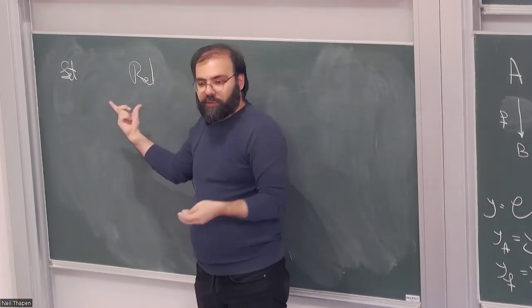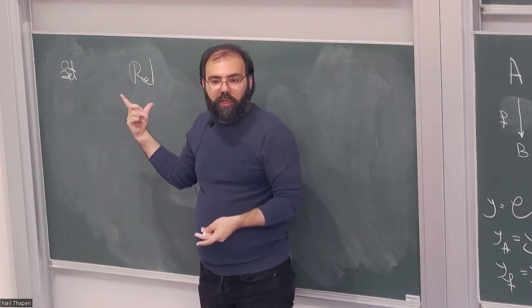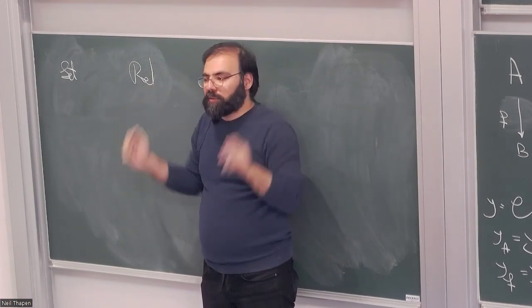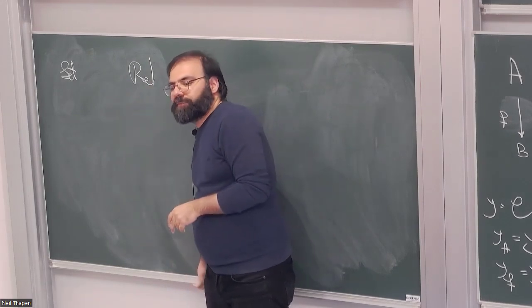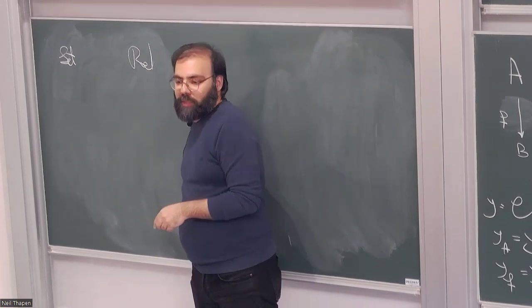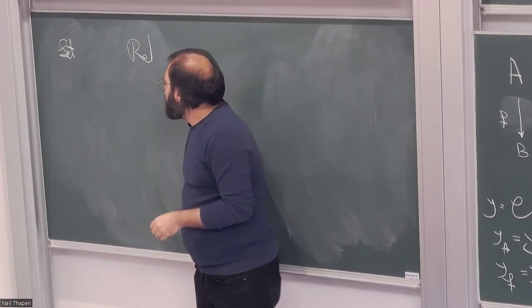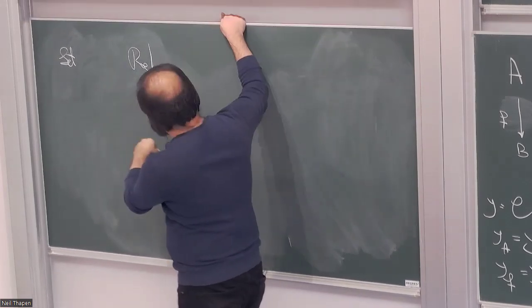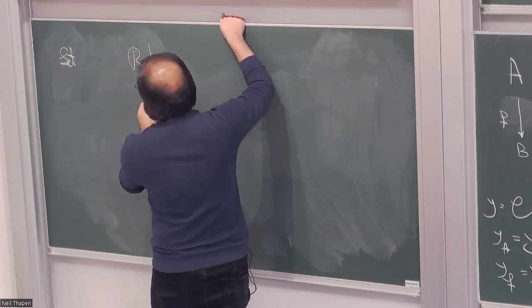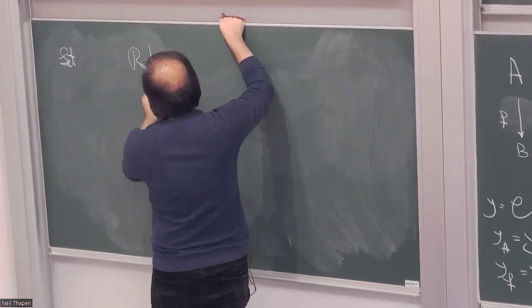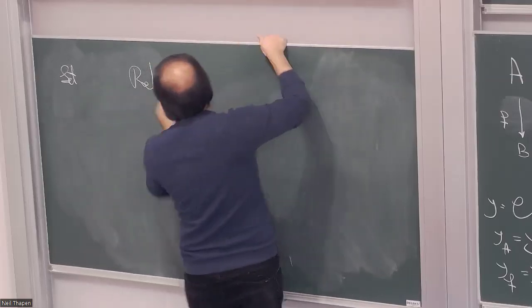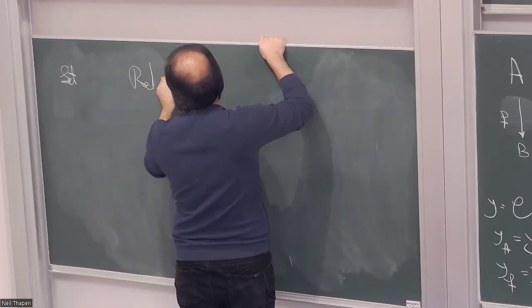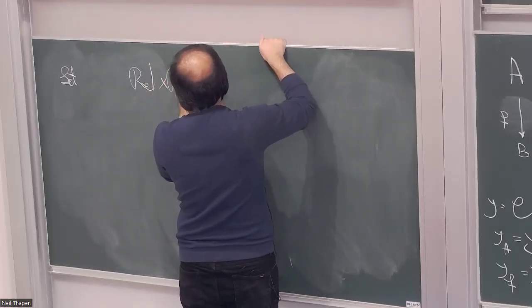People really use this to formalize finite-dimensional quantum mechanics. But anyway, so you have this, and then you can have just the product functor, right?